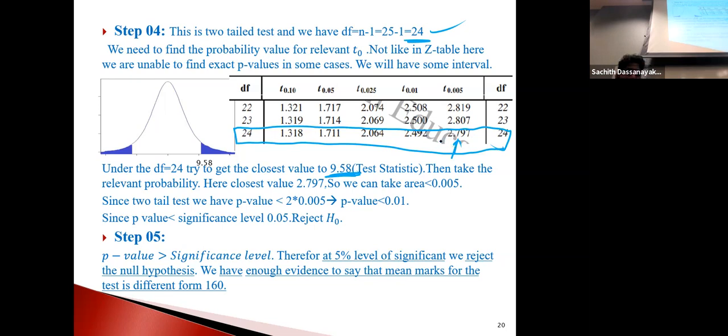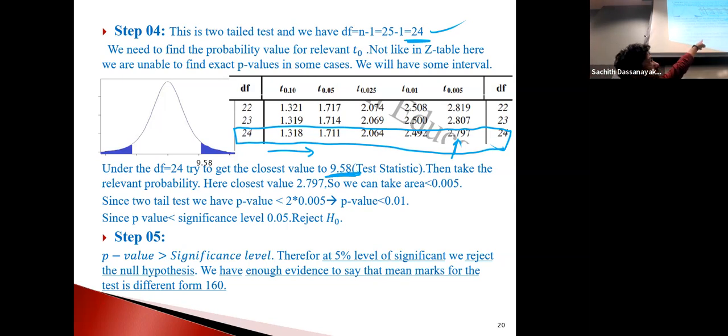Okay, clear? Now, when you are moving from left to right, from here to here, what can you see about these values? They are increasing. 1.318, next 1.711, 2.064, they are increasing, right? So it's not there. But what happens if the alpha value is very small, 0.001, something like that? According to this pattern, the t value is a large value.